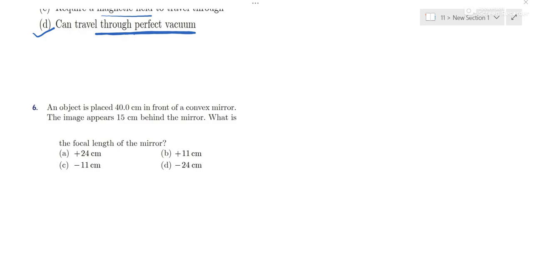An object is placed 40 centimeter in front of a convex mirror. So mirror is convex. Object is placed at 40, so U is equal to minus 40. Image is 15 centimeter away behind the mirror.